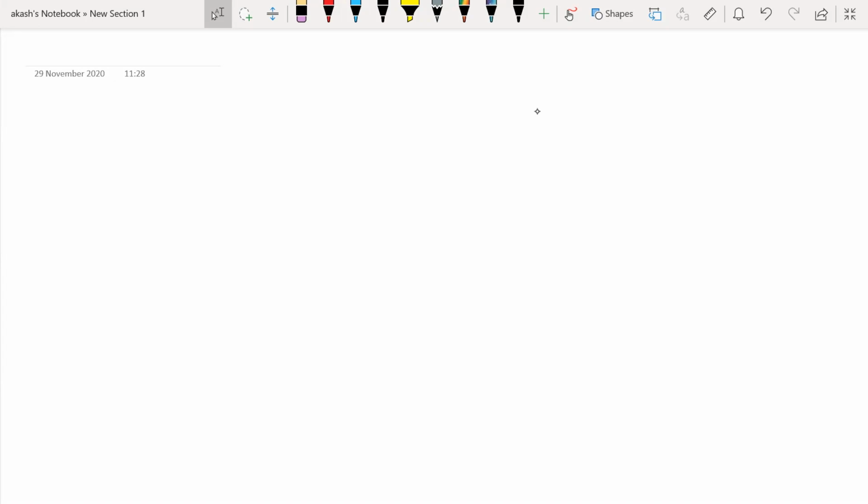Temperature of 1 mole of helium gas is increased by 2 degrees Celsius. Now the question is, find delta E, the change in internal energy.